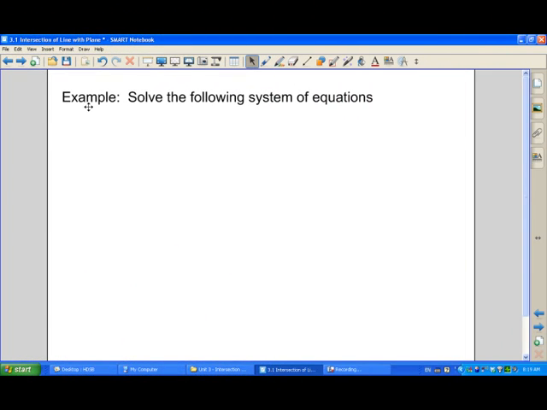So let's start with an example. We want to solve the following systems of equations. I'm going to start with the equation of a line that starts at the point (1, -6, -5) and is pointing in the direction of (2, 3, 2).